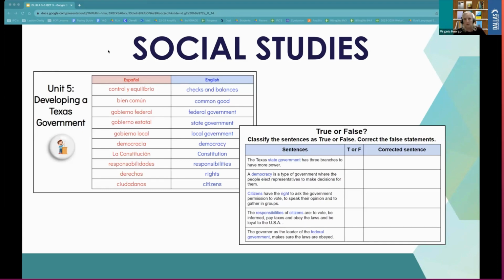For social studies, we did the same thing. So if you notice, we start with the same chart, and then the second, in this case, we are classifying the sentences as true or false, okay? And then they need to correct the sentence. So they need to have mastered that vocabulary to show understanding of the words, synthesizing the concepts of the unit. Okay, next slide.